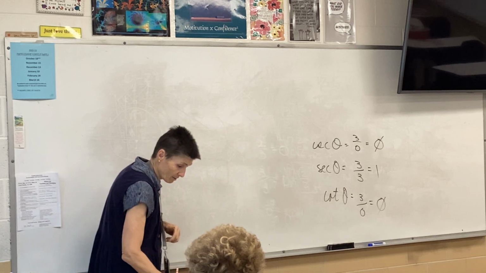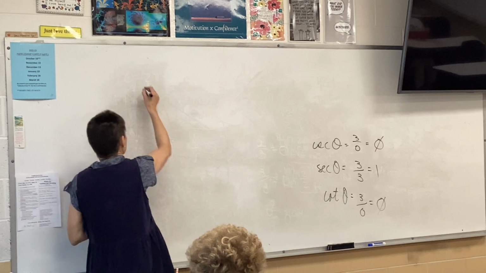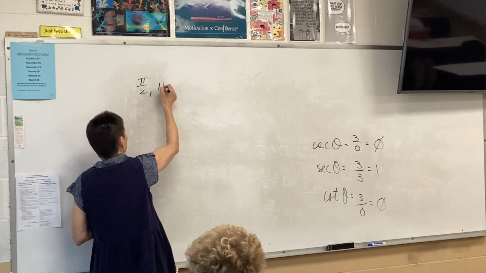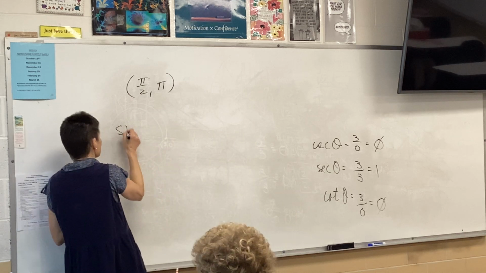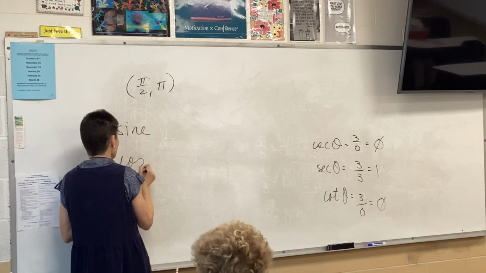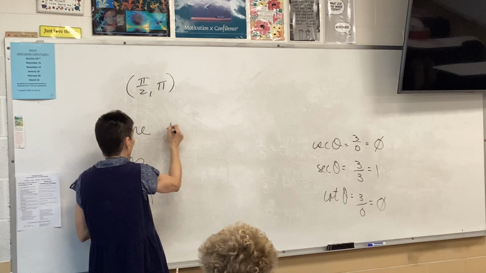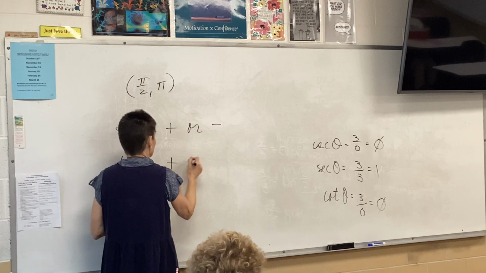All right, so what's going on in the next problem? It says I have an angle between pi over 2 and pi. And I have to figure out if the sine, cosine, and tangent are positive or negative.